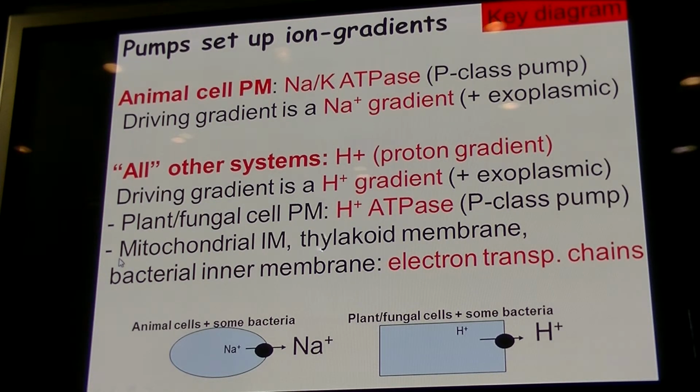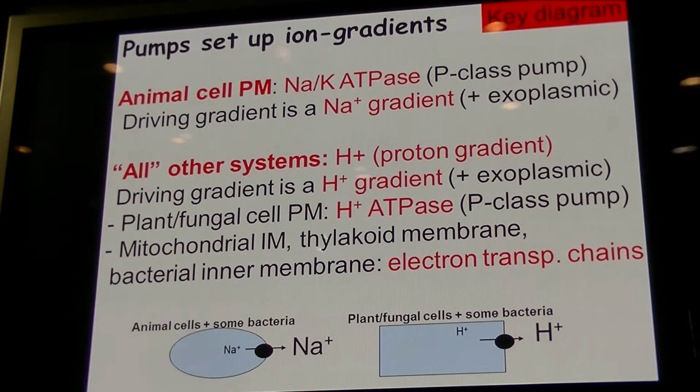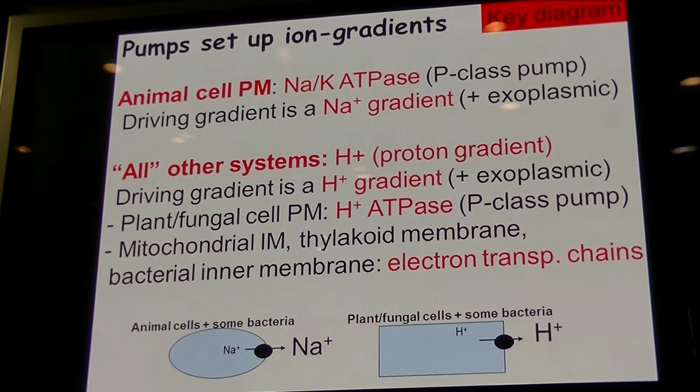So I think you should know animal cells, sodium gradient, very important. More sodium out, and that's it. Every other membrane system has a proton gradient, where the pH is always lower on the outside, the exoplasmic side.